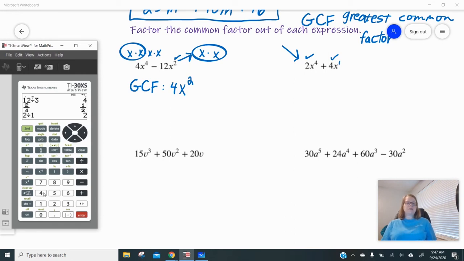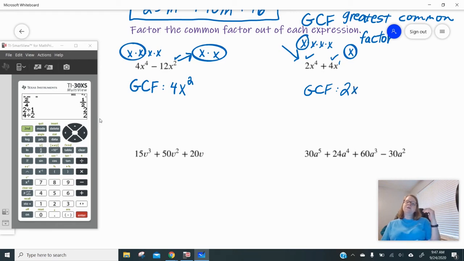Or I can do the bottom number divided by the top number and see that I get a GCF of 2. So your GCF is the same regardless of which one you pick to divide. Okay, GCF is 2, so those will both pull out a 2. And then here we've got x to the fourth, so there's 4 x's there, and here we've got just 1, so we've got 1 in common, so 2x.